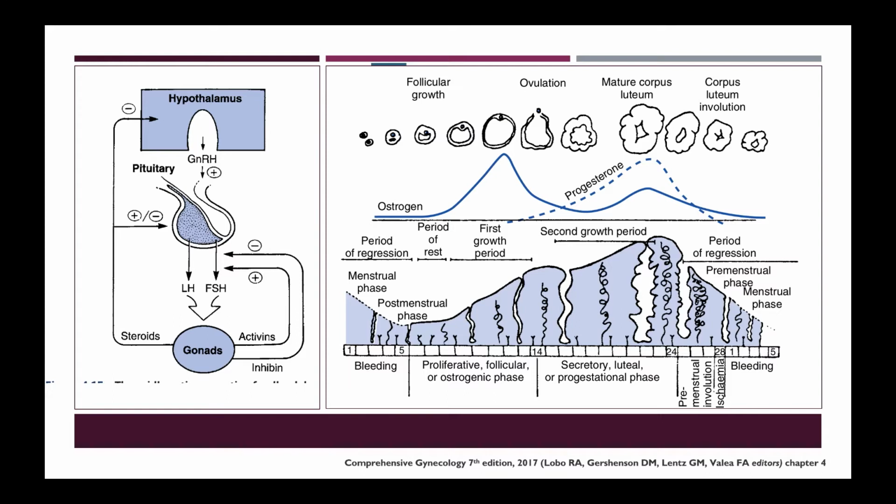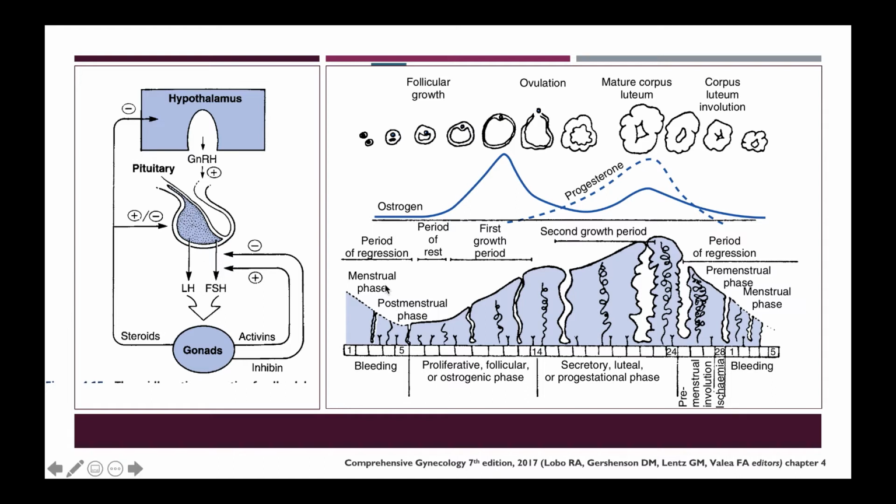Let's first talk about the negative feedback loop. As in other endocrine systems, the major ovarian to brain pituitary feedback loop is inhibitory. That's what we call the negative feedback loop. This is where the steroid secreted by the target organ, in this case the ovary, regulates the hypothalamic hypophyseal unit to adjust the production of GnRH and the secretion of gonadotropins appropriately.